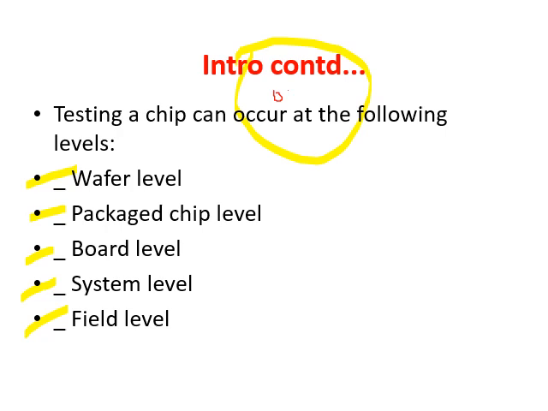So testing of chips onto the wafer is very easy compared to all these levels. Why? Because here we have all the inputs, and we have all the ICs on the same single wafer. Say 1000 ICs are available here on a single wafer.